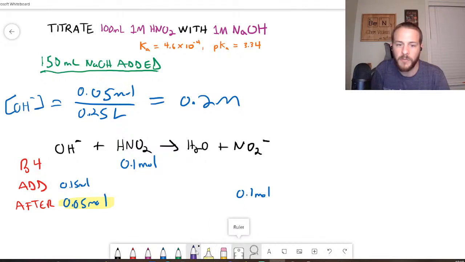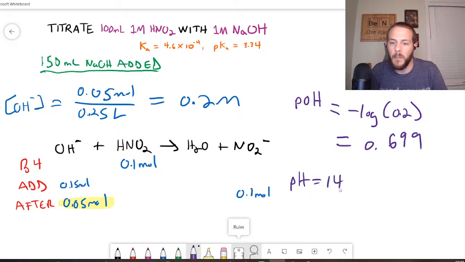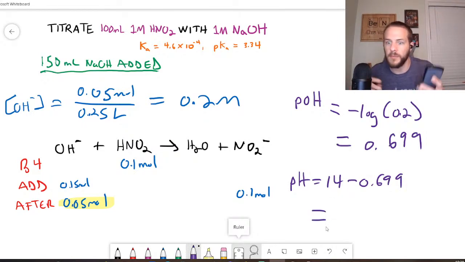We can get pOH by taking the negative log of our hydroxide concentration, so negative log of 0.2. The pOH ends up being 0.699, and so pH is going to be equal to 14 minus 0.699, again, because the sum of pH and pOH is equal to 14.